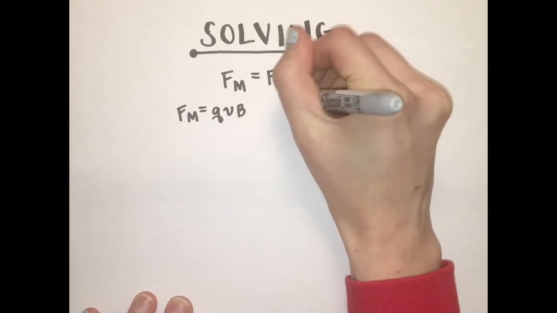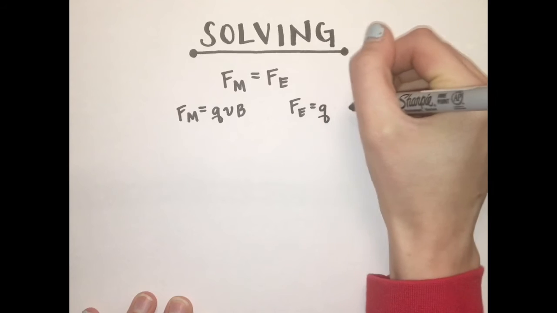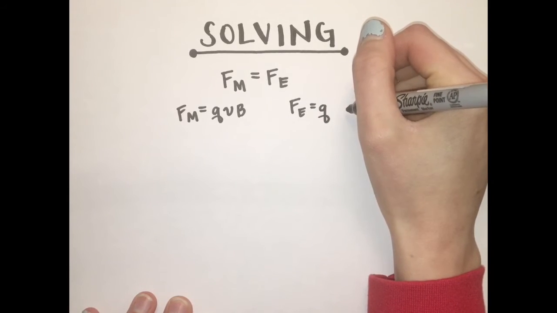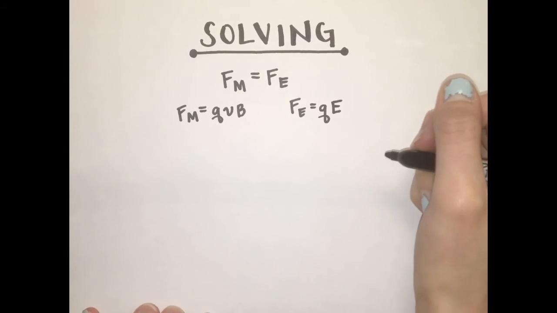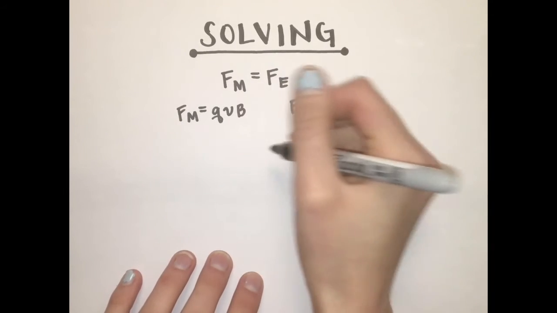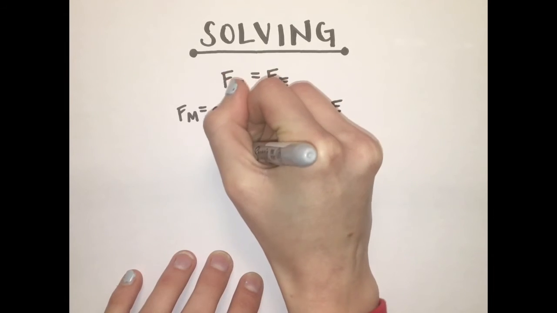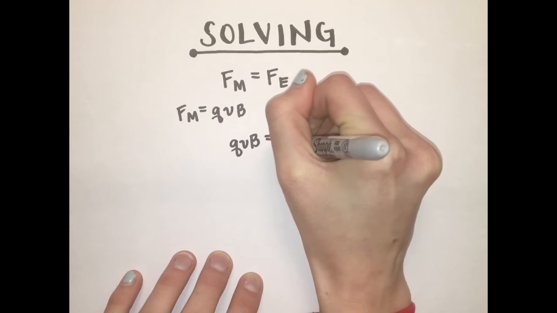And we also know that the electric force is equal to charge times the electric field. If we set these equal to each other, we get that QVB is equal to QE.